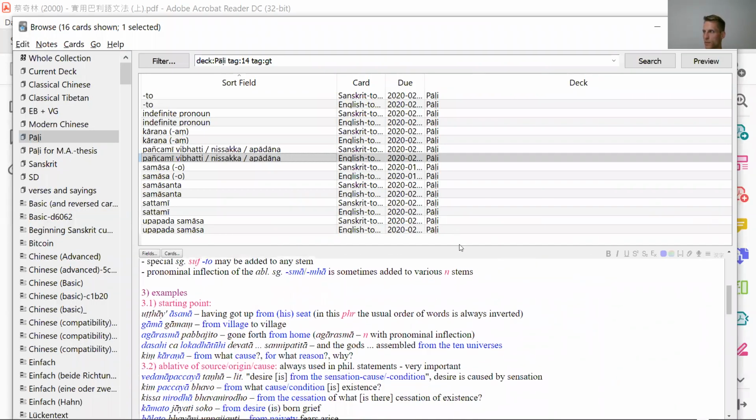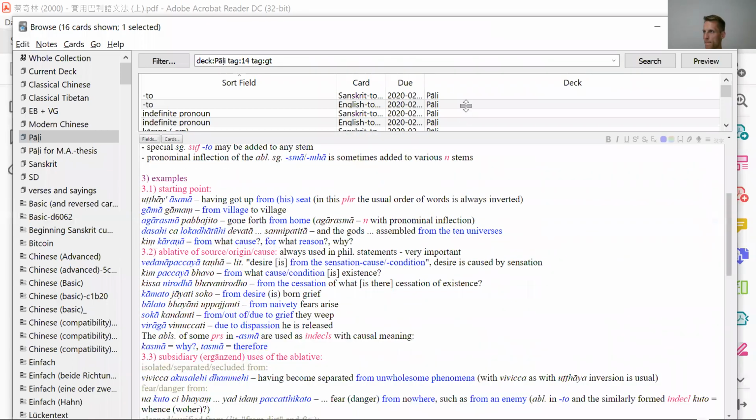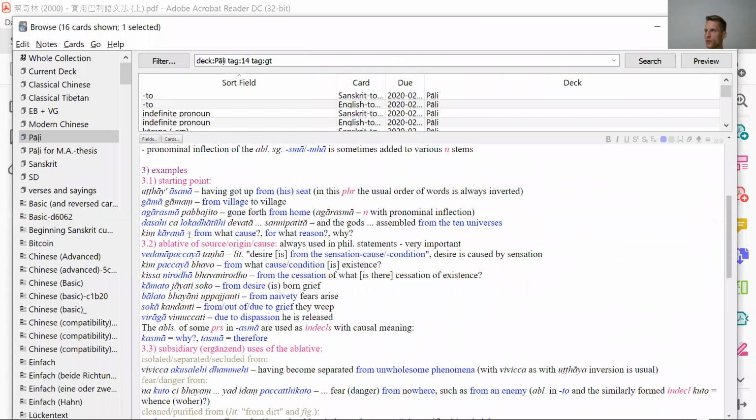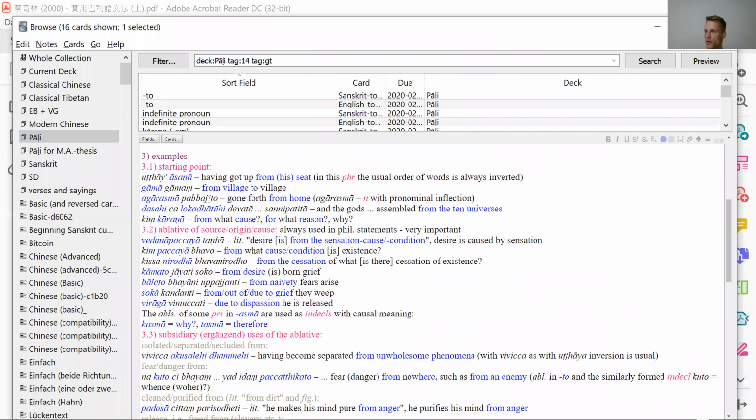So, for example, uṭṭhāya āsanā, having gotten up from his seat. Gāmā gāmaṃ, from village to village. Agārasmā pabbajito, gone forth from home. By the way, this is about the starting point.